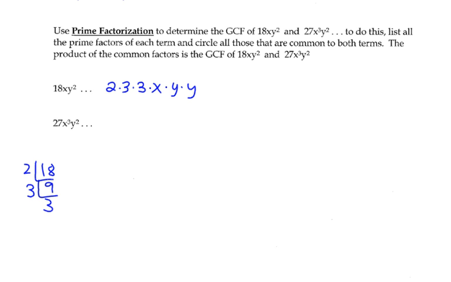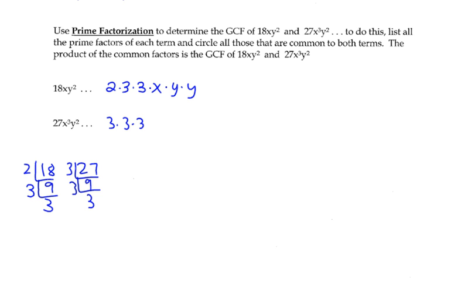Okay, 27. Let's prime factorize that. We're looking for the GCF, so we're not done. This is just the prime factorized form. 27, we can divide that by 3 is 9, 3 is 3. So 3 times 3 times 3.